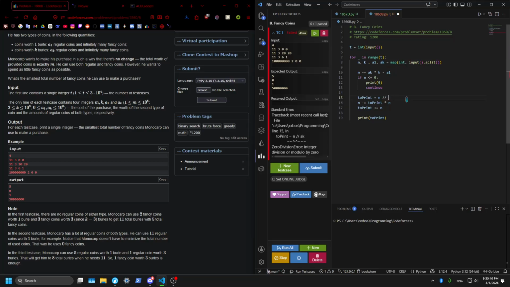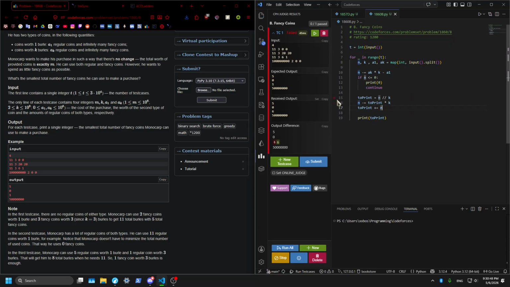We should divide by K, not AK, and then times K. Okay. So this third case, we would greedily use coins.